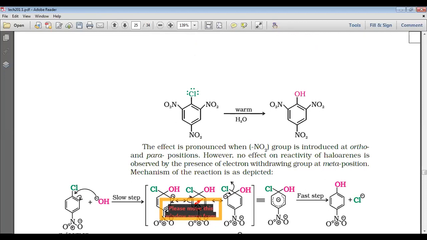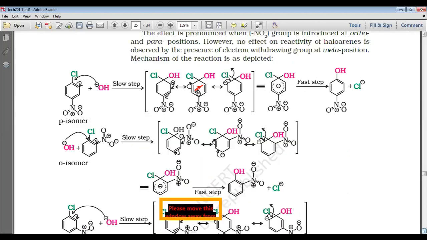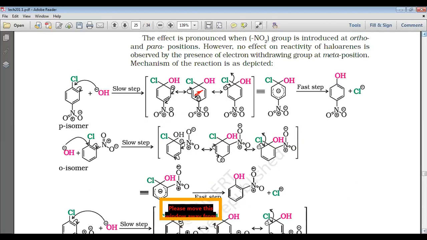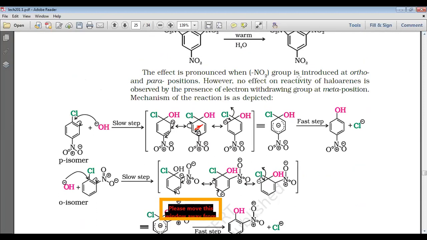They are not present on meta position. So when they are present on meta position, do they make any difference? And the answer is no. If you put these nitro groups on meta position, that means either on 3 position or 5 position, they are not going to give any effect, and the reaction will be difficult.